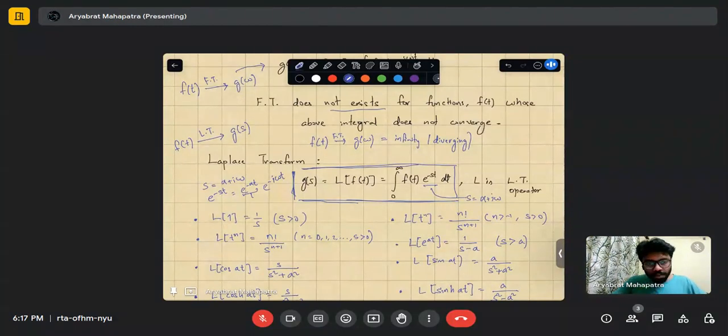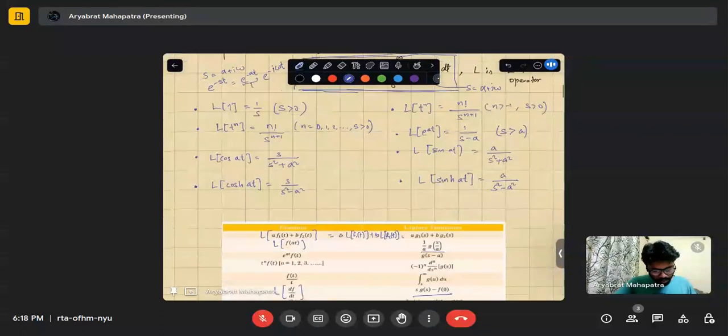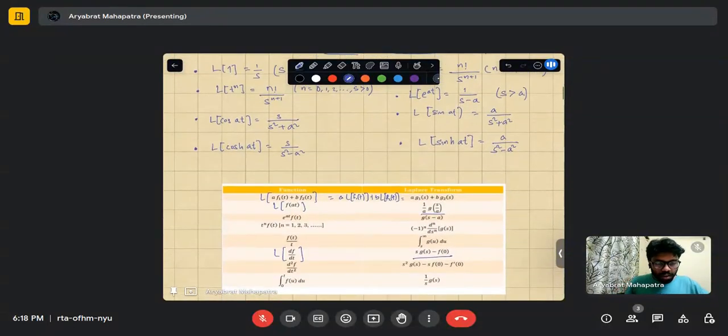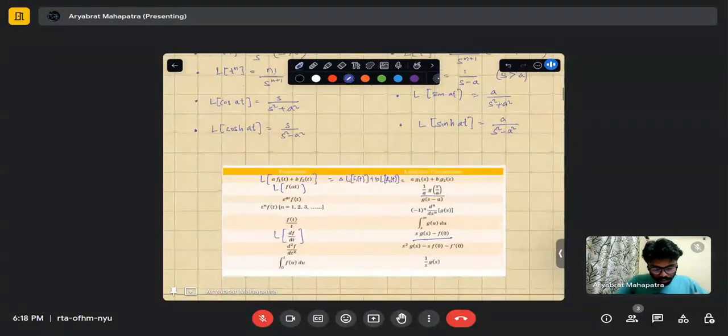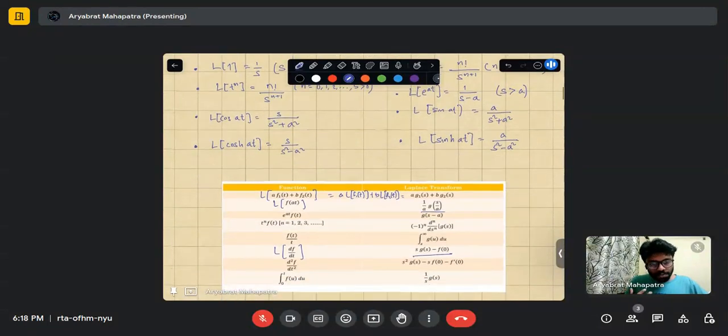Besides, if you know the following properties and results given here, and understand how they can be used together, then you can directly apply them in any question. You can get answers for any given function's Laplace transform, so for any arbitrary function you can easily calculate it using these standard results.